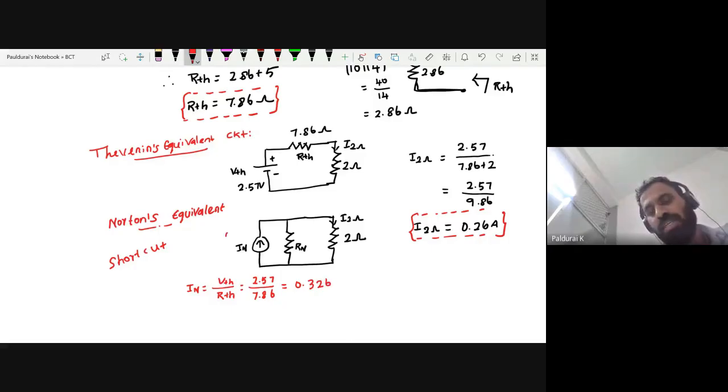So 0.326 amps. What is the value for Rn? The same RTH will come, right? So Rn equal to RTH. It is 7.86.